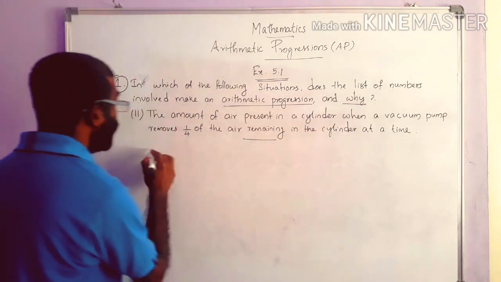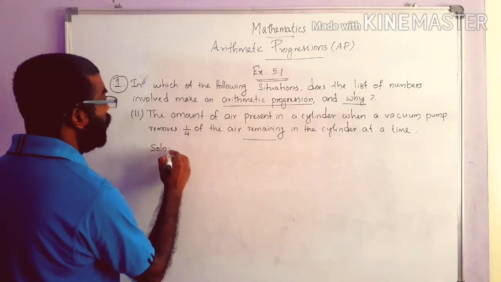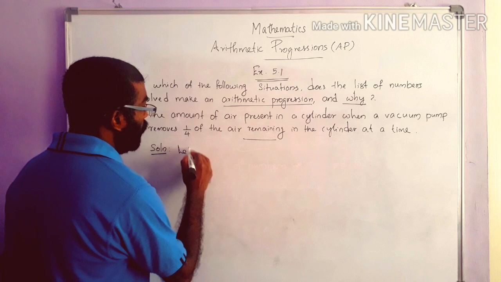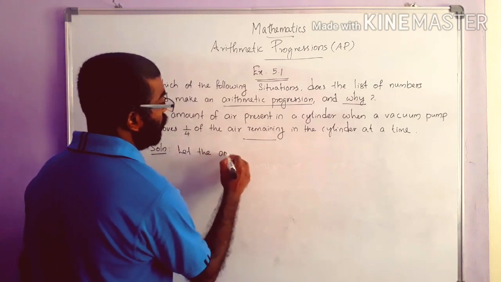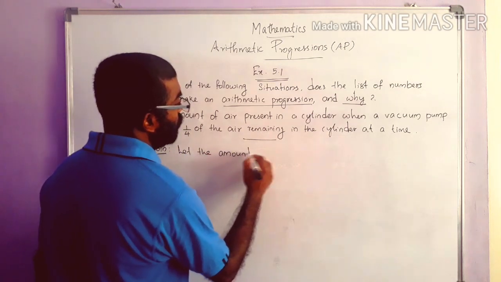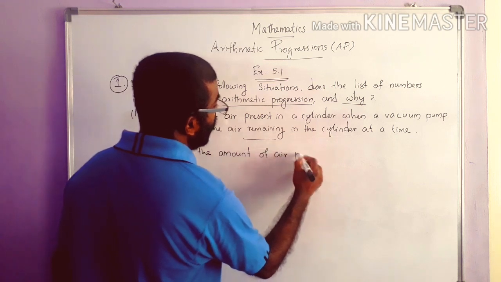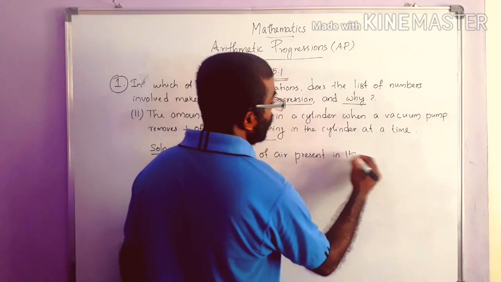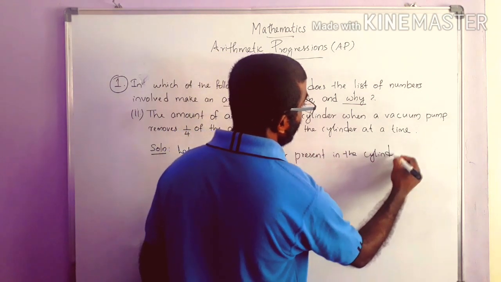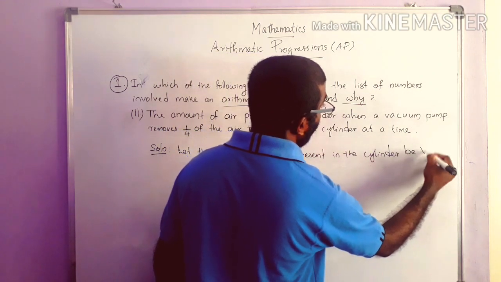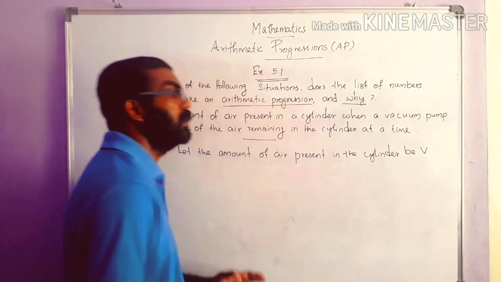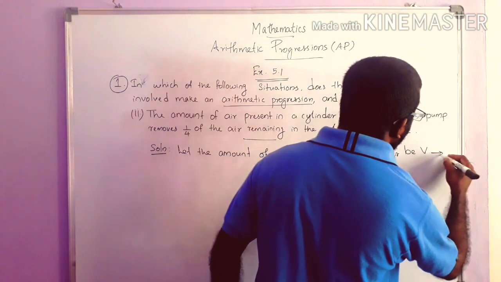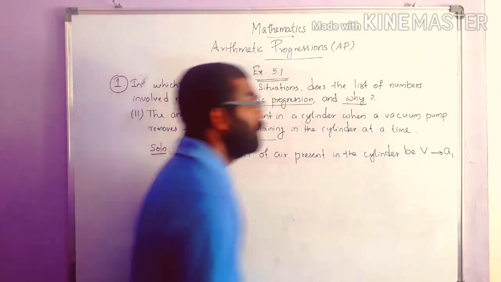So here also we want to check whether the given situation is an AP or not. Let the amount of air present in the cylinder be V. That means it's not the volume V. Let it be the first term A1.